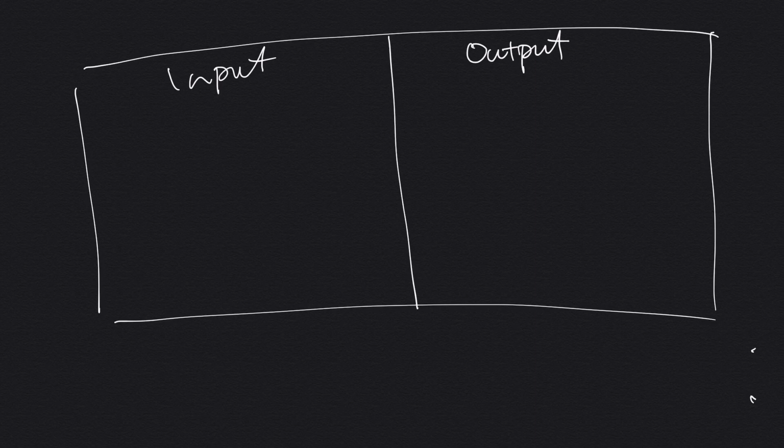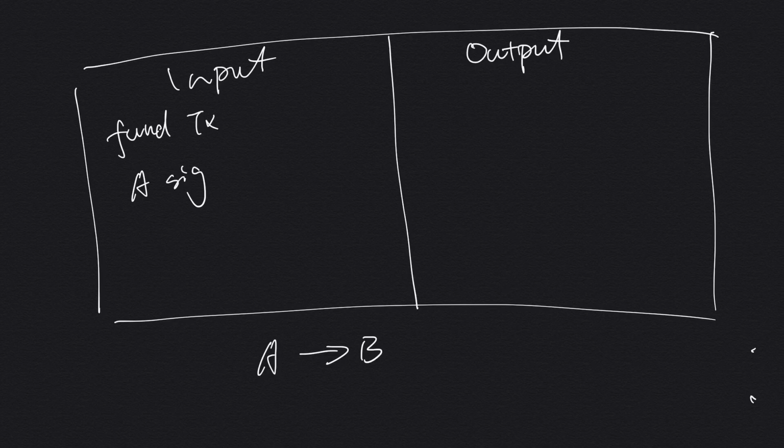In the Lightning Network, that's referencing a funding transaction, but it can be any transaction. For example, this transaction is made from Alice to Bob, and we want to make it revocable, so we will have Alice's signature in order to spend the funding transaction or whatever transaction it references.